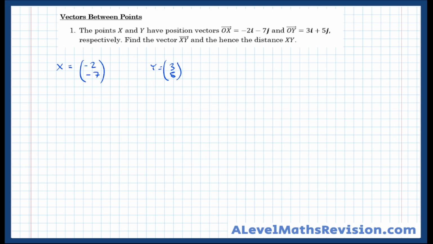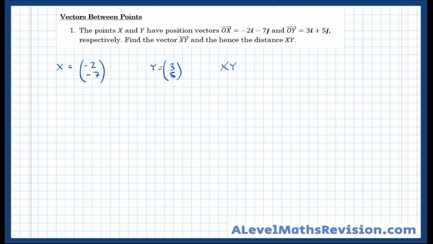So even though it's not technically correct, I read this as saying the position vector of X is (-2, -7), and the position vector of Y is (3, 5). This says, what do I have to do to get from X to Y? Well, first of all, I have to travel 5 in the I direction, because to get from -2 to 3, I add 5. And here, I need to travel 12 in the J direction.